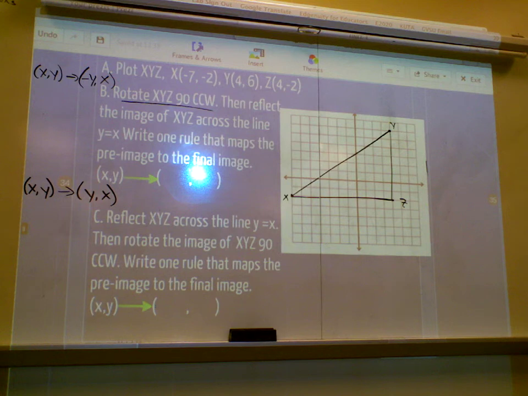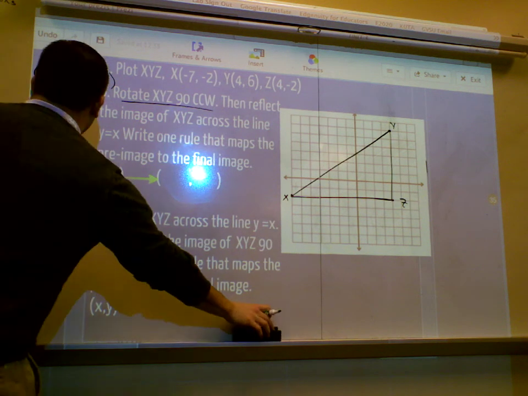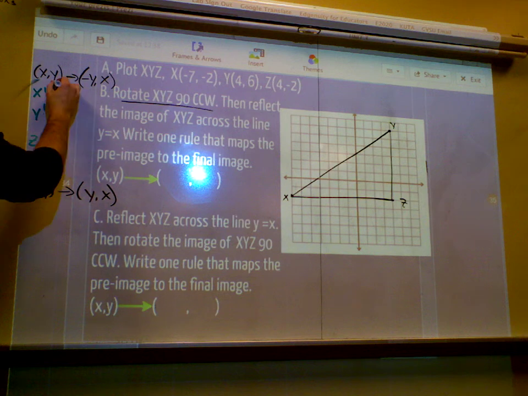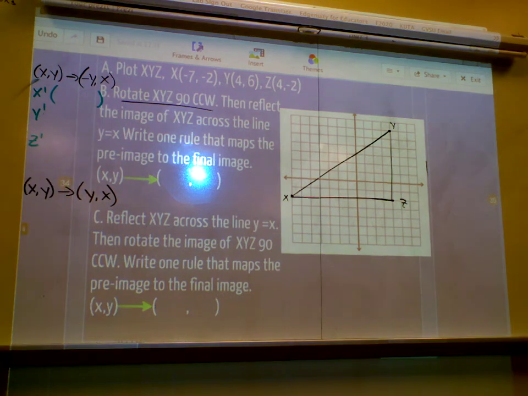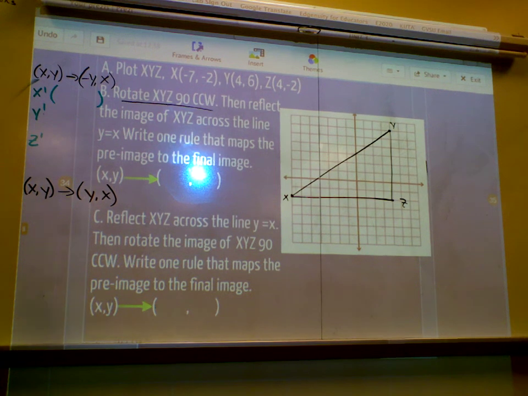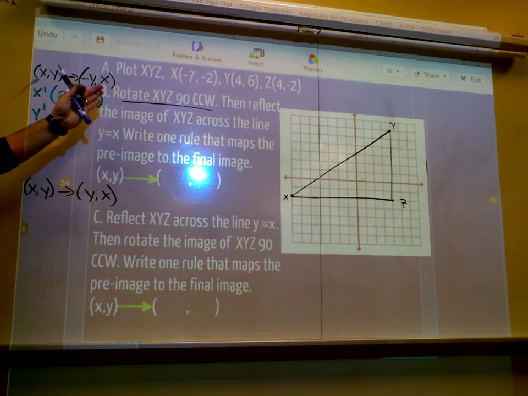So, let's find our image. So x prime, y prime, z prime. What's x prime going to be? 2, -7, right? We flip them.